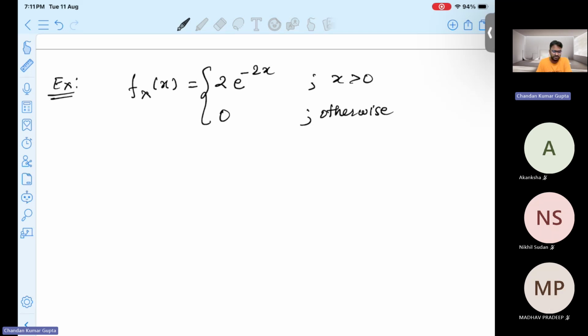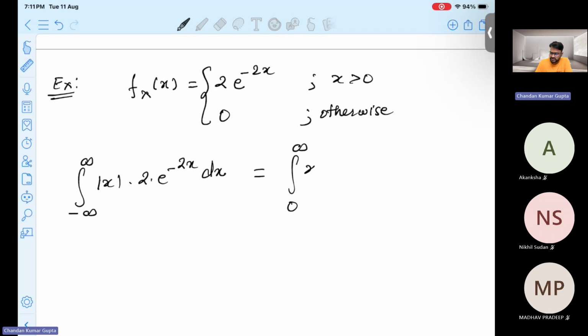In that scenario, suppose we need to calculate this, the integral of |x| times 2e^(-2x) dx from 0 to infinity.